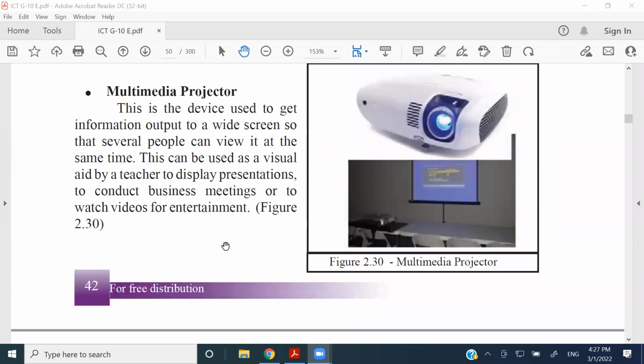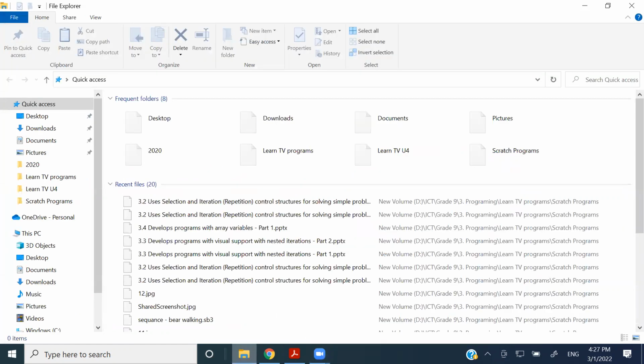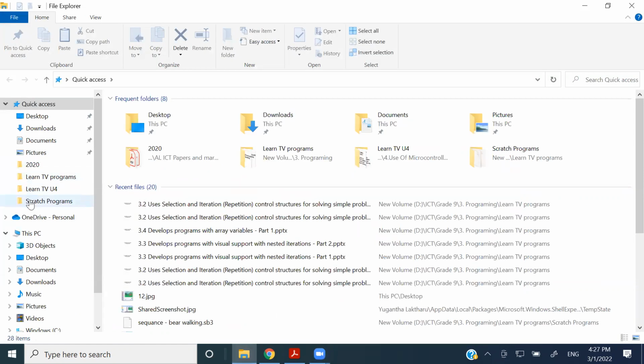Next we are coming to the hard copies. Before we come to the hard copies, I'll show you the internal structure of the monitors, right?